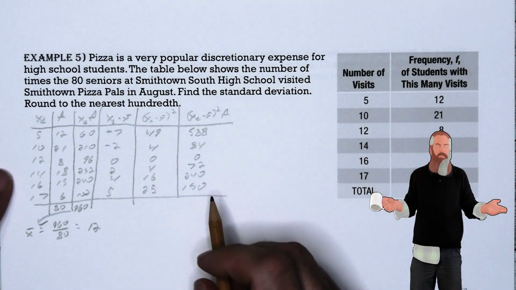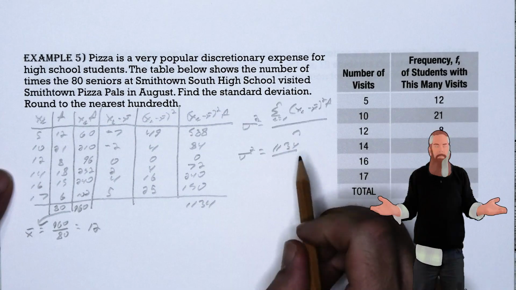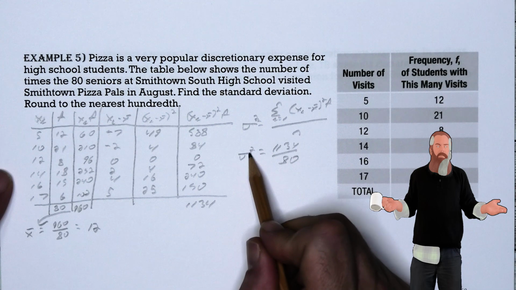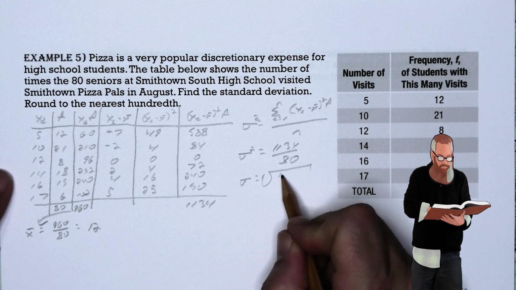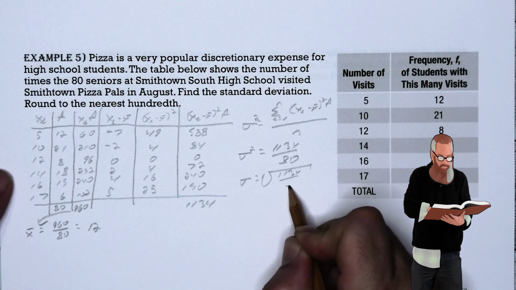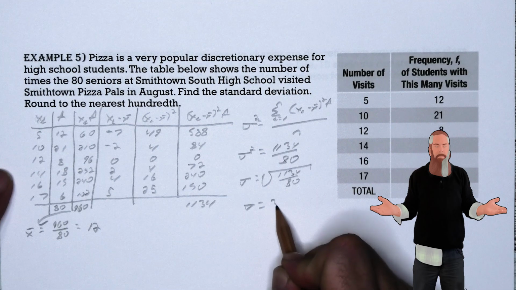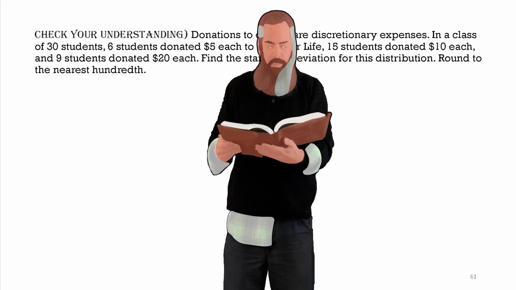And this column winds up with a total of 1134. So the sum of that column being 1134 divided by 80, but that is the variance, so we can go ahead and take the square root of it, the square root of 1134 divided by 80, meaning that what we get is approximately 3.76.